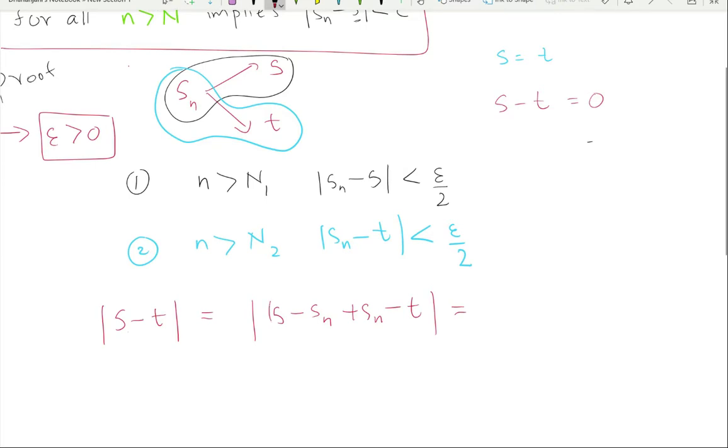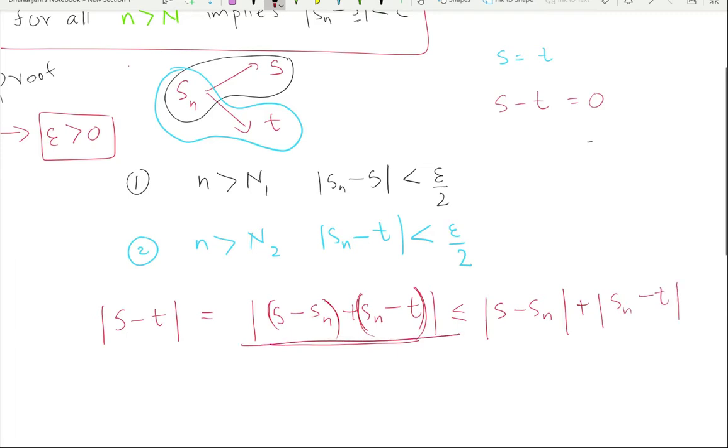Now let's have brackets to identify them separately. Still this is S minus T. Now we can use the triangle inequality here for these two terms that I have expressed in two parentheses. According to the triangle inequality, we can say the absolute value of S minus Sn plus the absolute value of Sn minus T is greater than or equal to the term here.